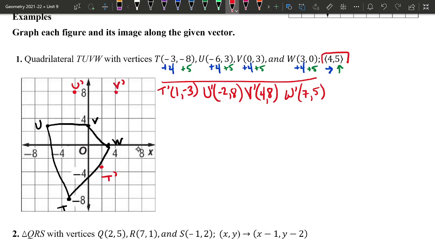And W prime is at (7, 5). And then connect these dots. I can see that I do have the same shape. It's just that every single one of them has moved up 5 units and to the right 4 units.